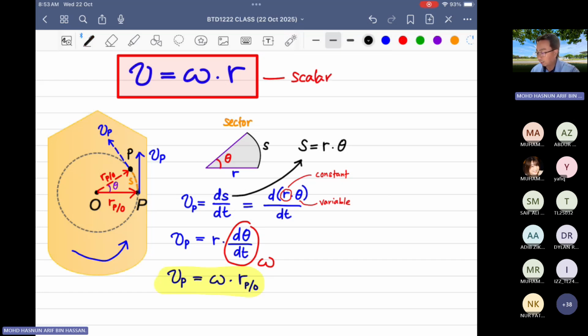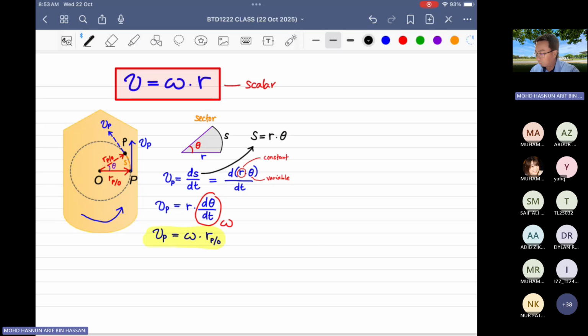We can also write down the vector form, which is V vector is equal to omega vector cross product R. So this is what we have been using in the class before. So V is equal to omega cross product R is the vector form of this equation. Okay.